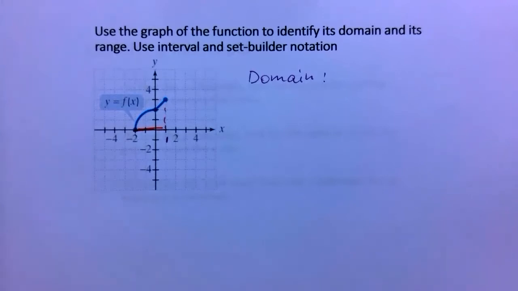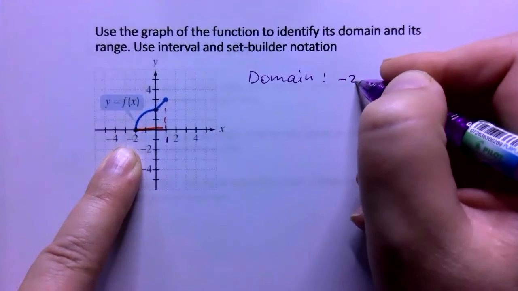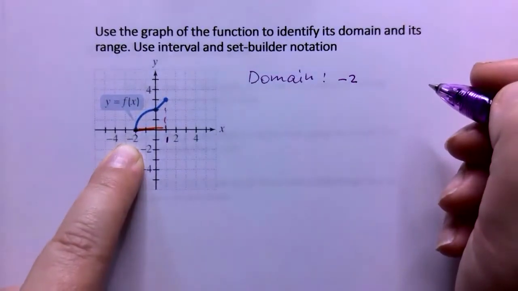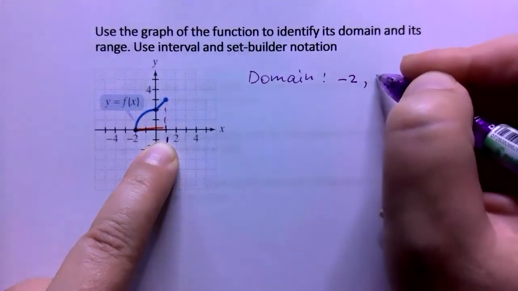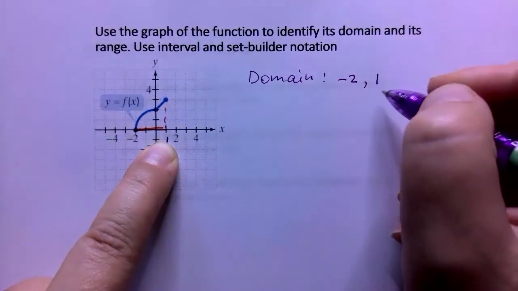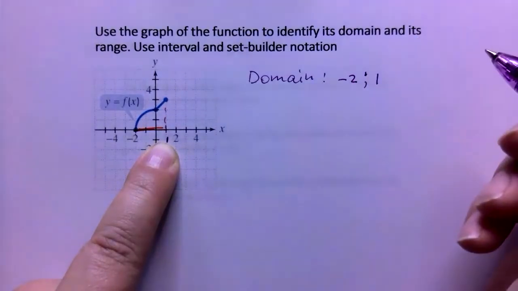One is interval notation. Interval notation describes an interval or a piece of line, and you put the beginning point first, so it goes from left to right. The beginning point is -2 and the end point is 1. Most books write it comma separated, but I like the semicolon.